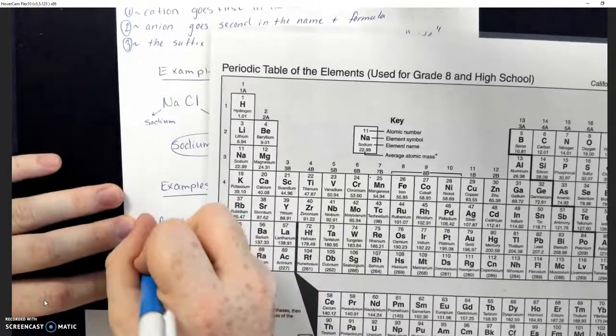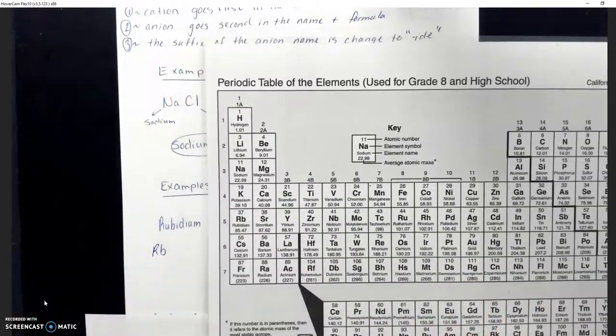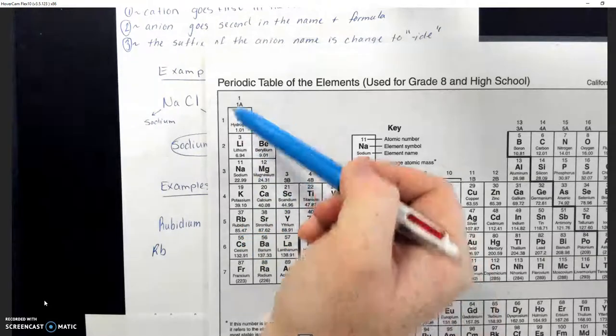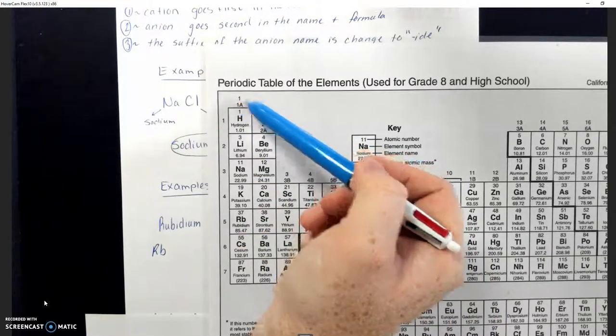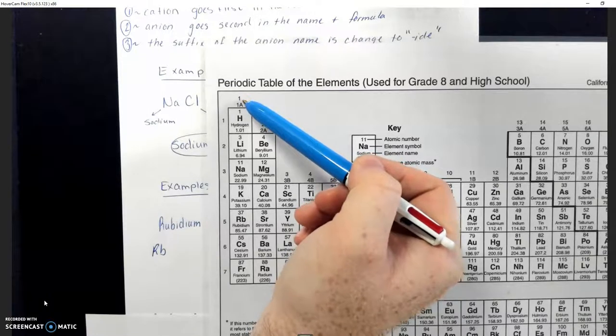We are going to write it down, Rb. Now, when converting between the name and the formula, you are going to need to figure out what the charge on a rubidium ion will be, or what the charge on any of the positive ions will be. Because rubidium is in group 1, it has 1 valence electron, and it's going to lose that 1 valence electron.